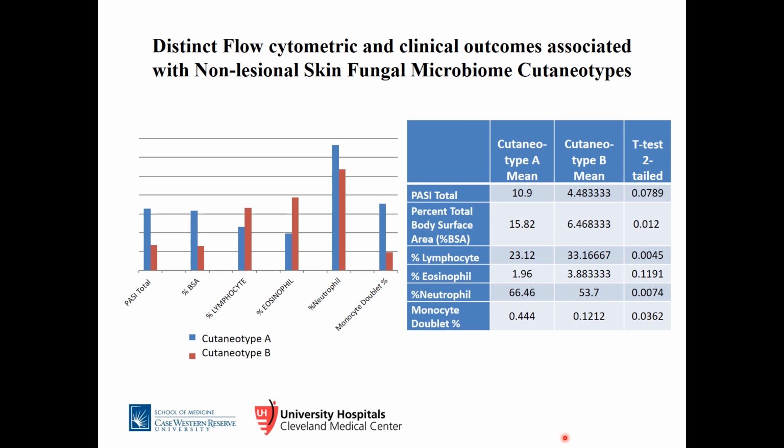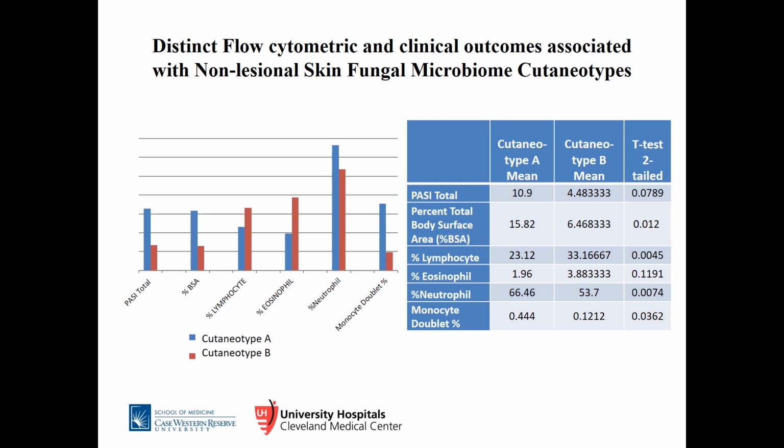The fungal cutaneotype comparison also highlights several statistically significant differences, which align with observed clinical outcomes and inflammatory cell responses. A more severe phenotype was observed with cutaneotype A, as evidenced by higher PASI and BSA.